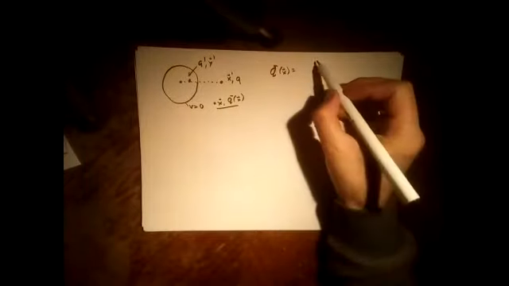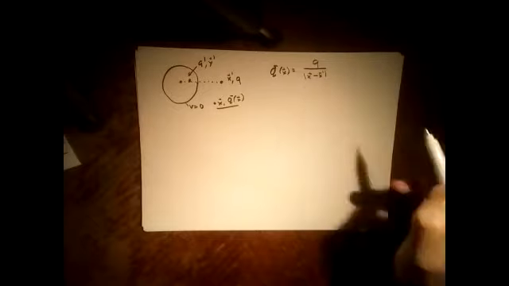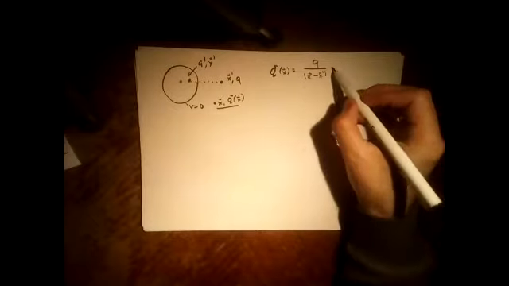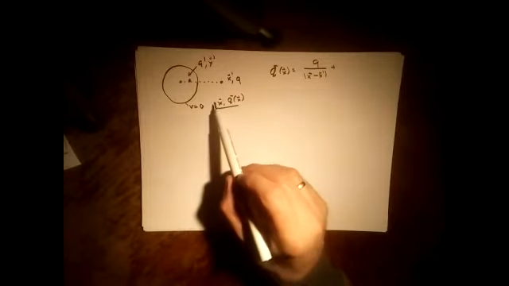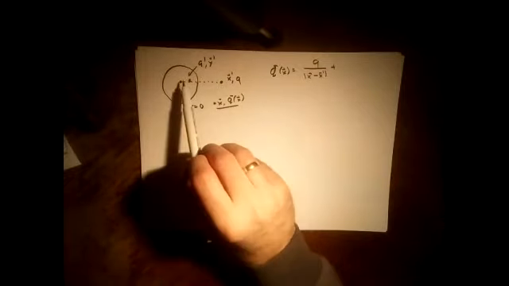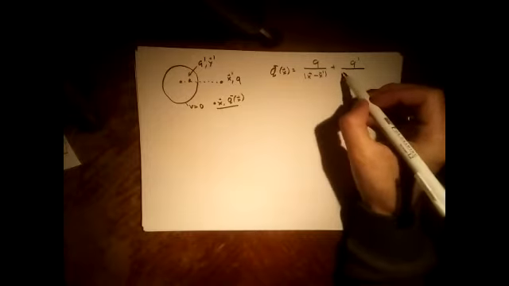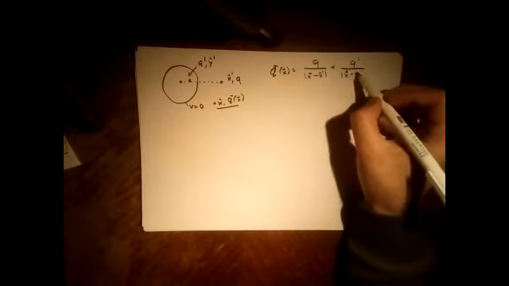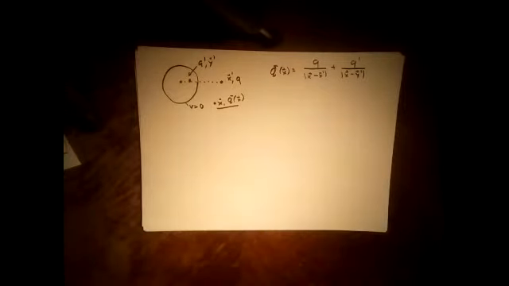I'm going to cite these results, but you can take the potential here to be the sum of the potential from this charge and from the image charge. So we have q prime divided by the magnitude of x minus y prime.